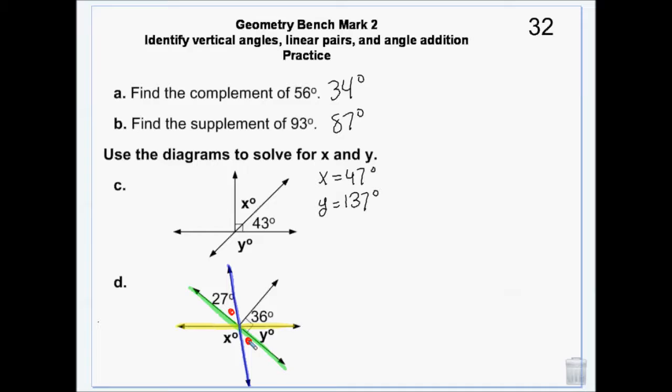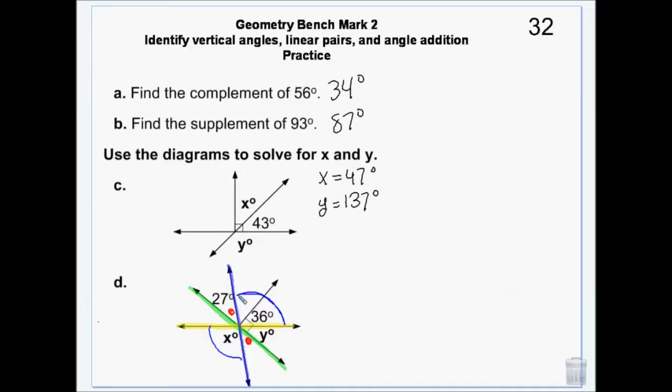And then from the green and the blue, wait, sorry, X is yellow and blue, so it would be equivalent to all of this.